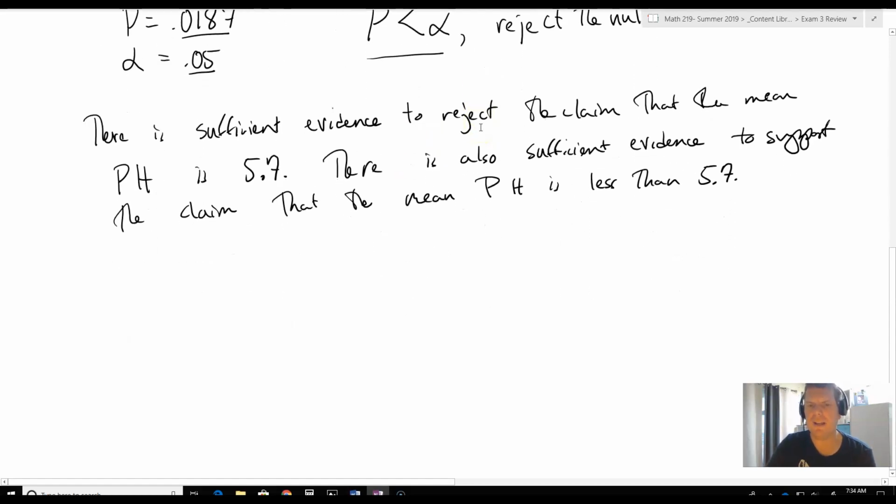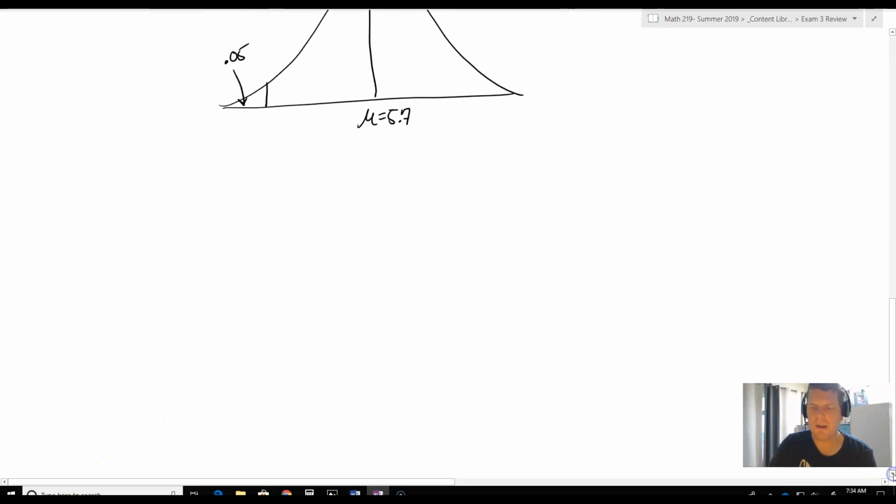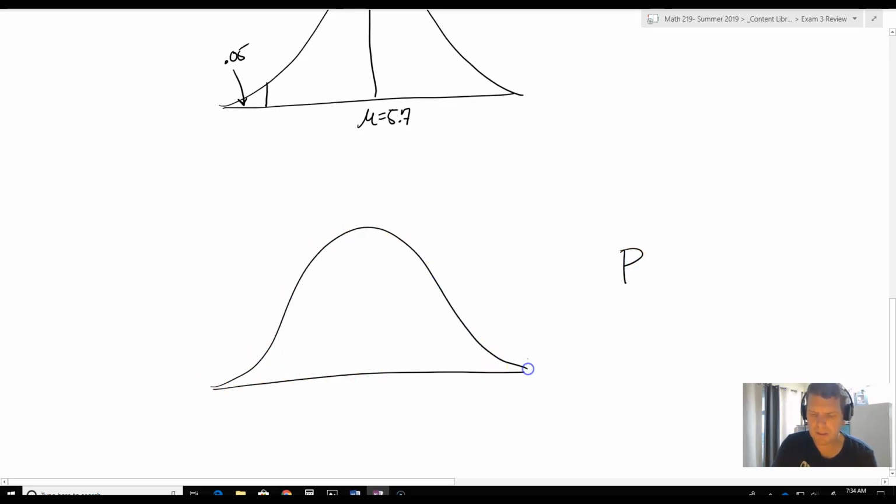Just to help us picture this, okay, we've got my distribution. All right, here's my one with alpha. Alpha over here is 0.05. That's how big alpha is. Okay, and I have my mu equal to 5.7 in the middle. Conversely, here's my picture for the p-value, okay? Here's mu equals 5.7.